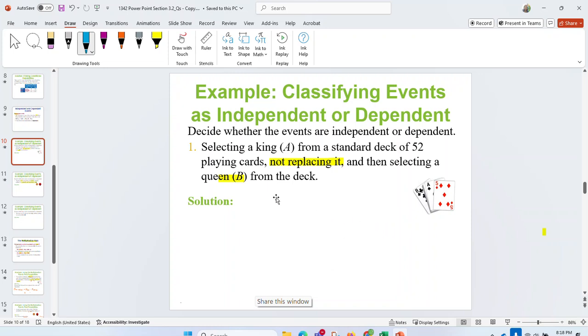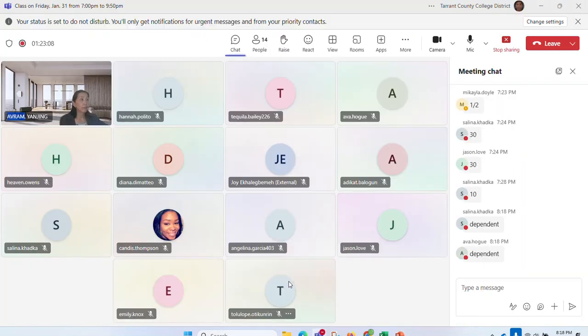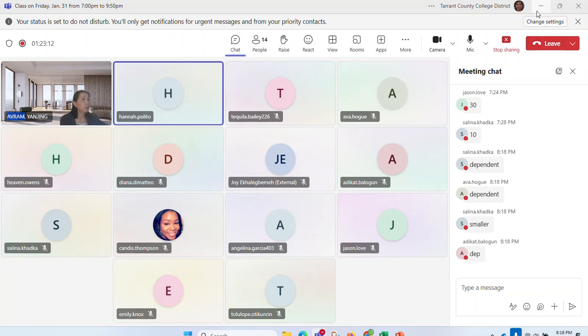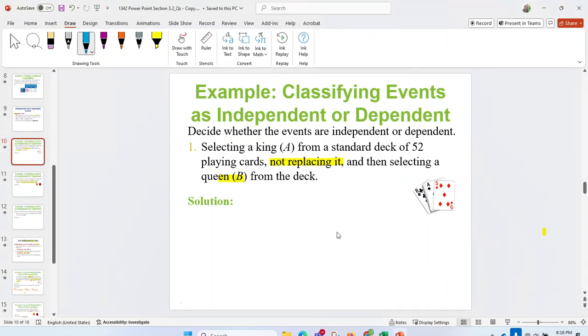So you take one out, you're not replacing it. What's the probability of getting a B, a queen? Will it be bigger or smaller? Or does that not affect it? Dependent, smaller. Okay, very good. I'm so happy to see that. Yes, that would be dependent, right?